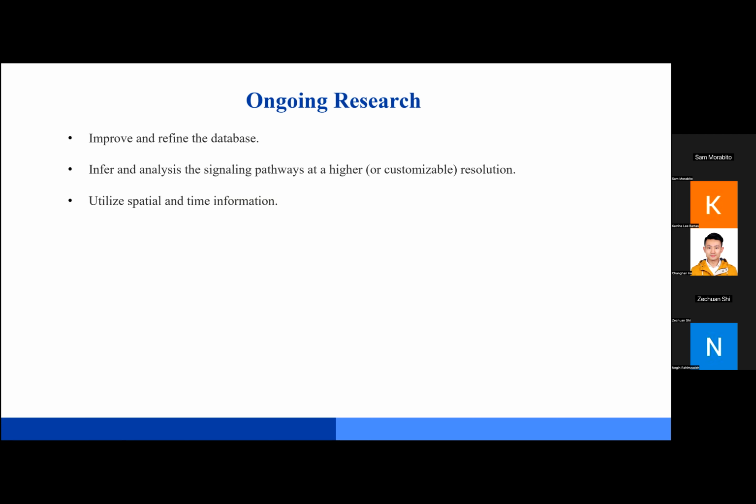If you have spatial information, you can tell that two cells are too far away, so even if their ligand and receptor are highly expressed, it's impossible for them to talk to each other. And for time information, if you have two time points, one at 12 hours and one at 24 hours, they have a 12 hour gap, so they cannot talk to each other. We try to use this information to refine our inference results.